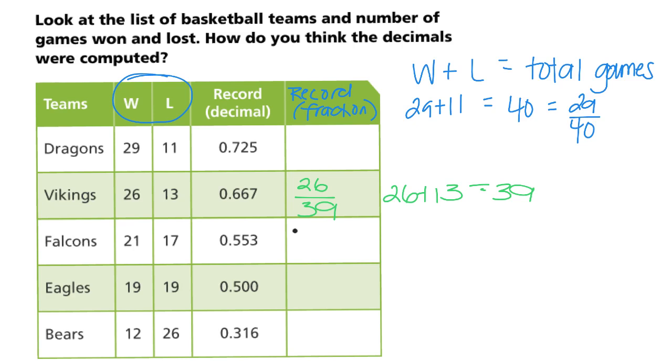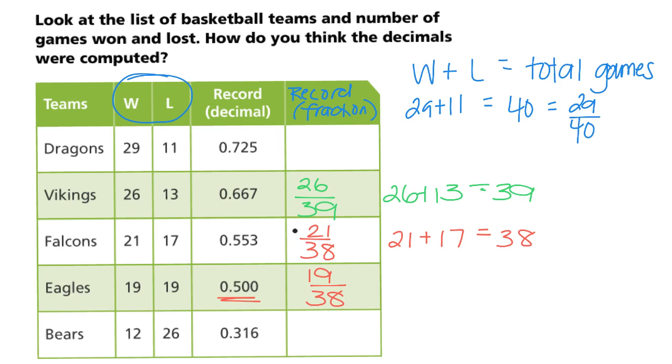Same for the Falcons. 21 plus 17 is 38, and they won 21 out of 38 games, which gives us in decimal format 553 thousandths. Eagles won about half of their games and lost the other half, so 19 out of 38.